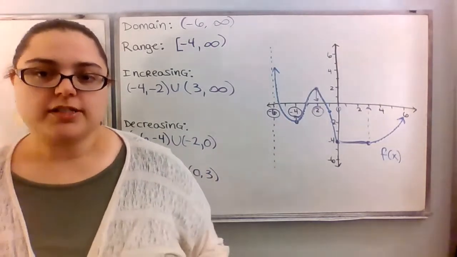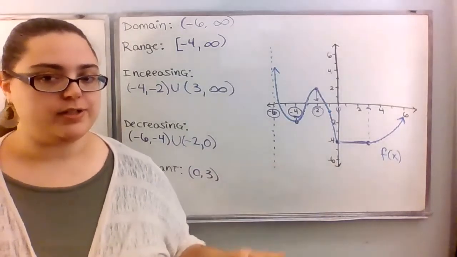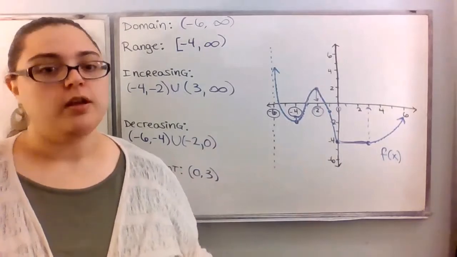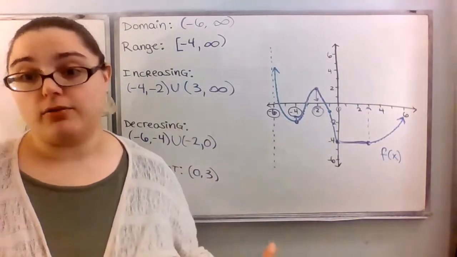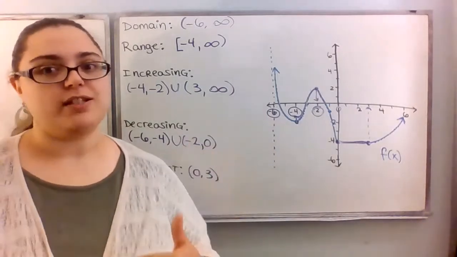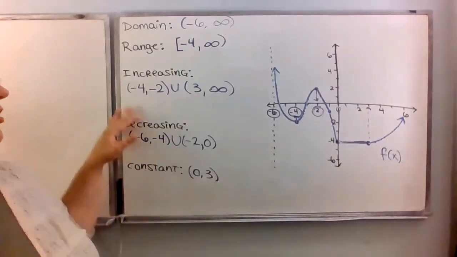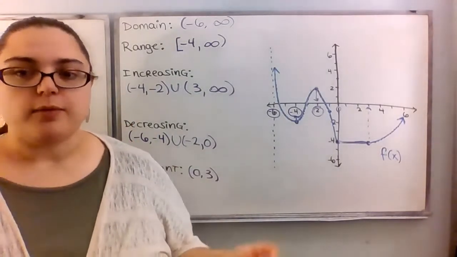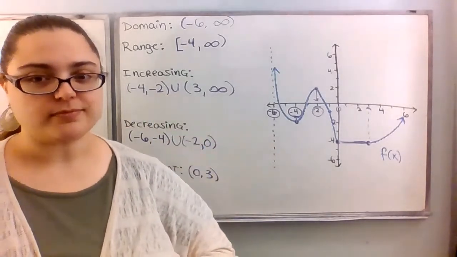My personal preference, and what I'm going on based off of our definitions for increasing, decreasing, and constant, is that these things happen on open intervals. So that means you're not doing anything at a turning point. You're turning around. So you're not increasing or decreasing there. You're in the process of turning around. So all of our intervals of increase and decrease and constant are going to be open intervals, meaning they're always going to have those parentheses instead of the square brackets.